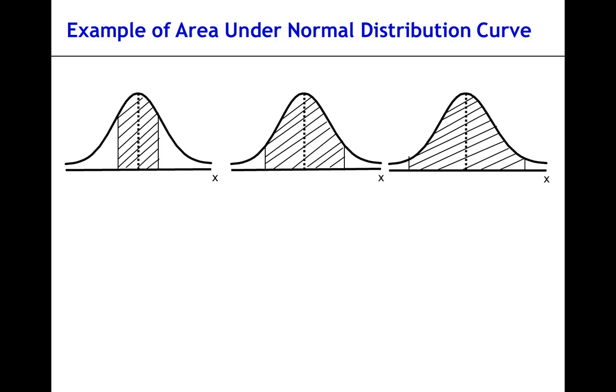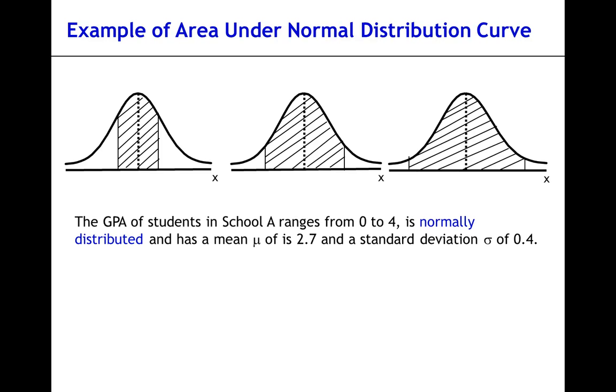The GPA of students in a school ranges from 0 to 4, is normally distributed, and has a mean mu of 2.7 and a standard deviation sigma of 0.4. So in the normal distribution curve, the central location is the mean of 2.7.